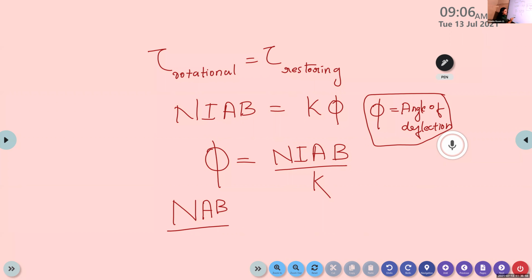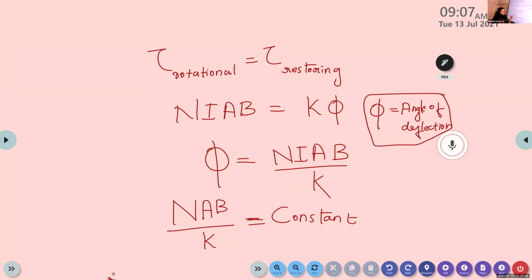Here, NAB divided by K are constants. NAB by K is a constant, because the capital letter N represents the number of turns of a coil, and it has a fixed value. A is the area of the rectangular coil. B is the magnetic field, it is a constant. K is also a proportionality constant.